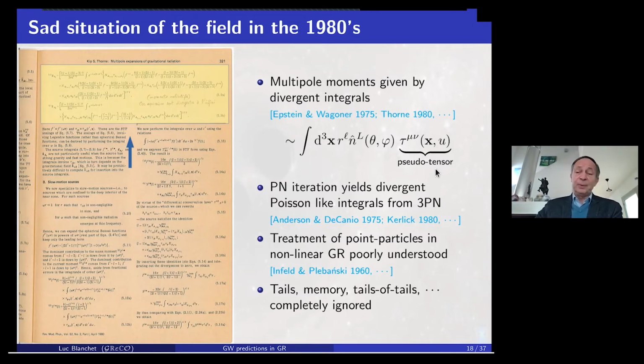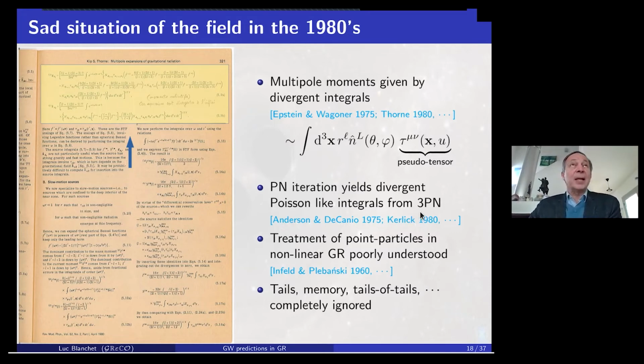Because of the non-linearities of GR, this integral extends up to infinity, but for high order in multipolar, this is completely divergent integrals. On the other hand, the post-Newtonian iteration is also given by divergent Poisson-like integrals.